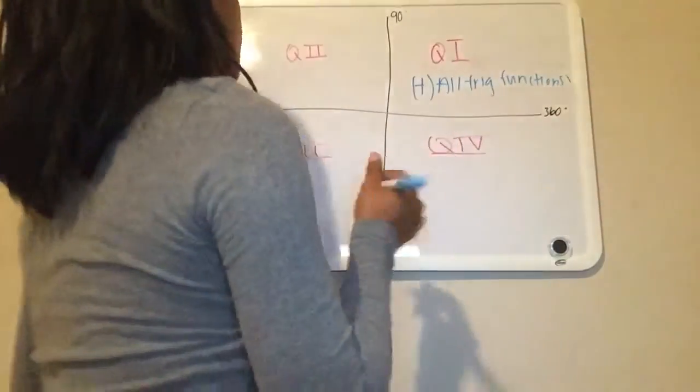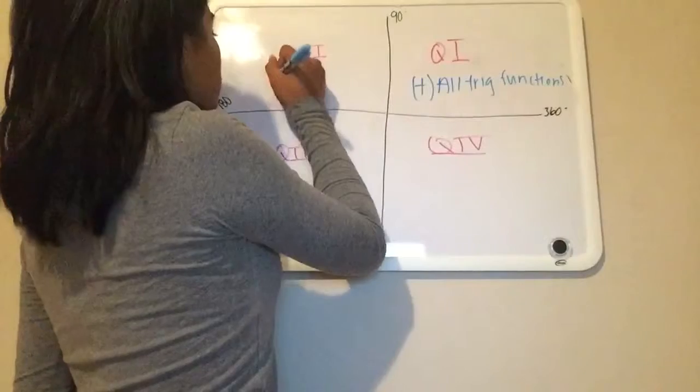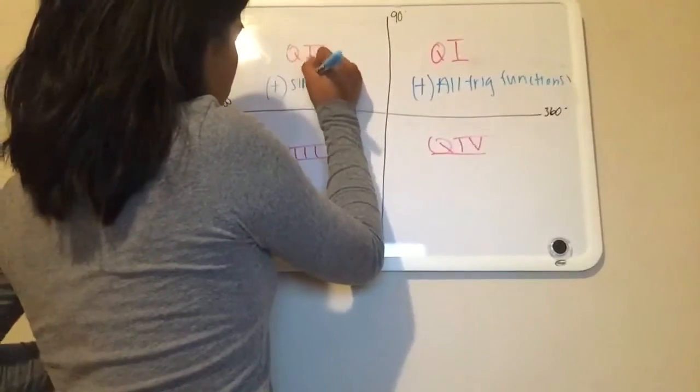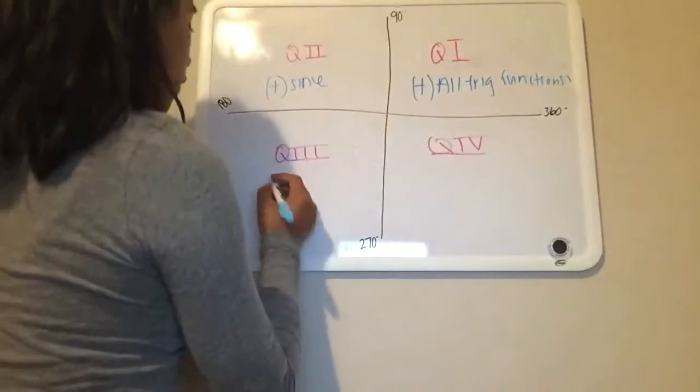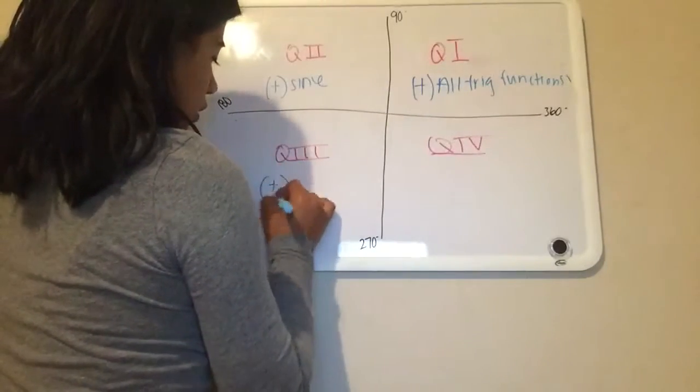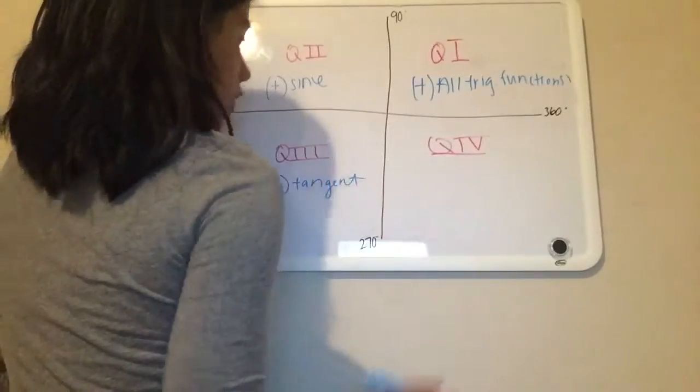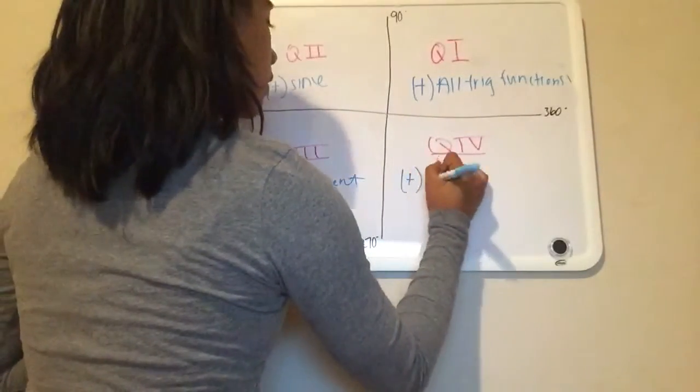For quadrant 2, it's sine. That's positive. And everything else is negative. For this one is tangent. For this one is cosine.